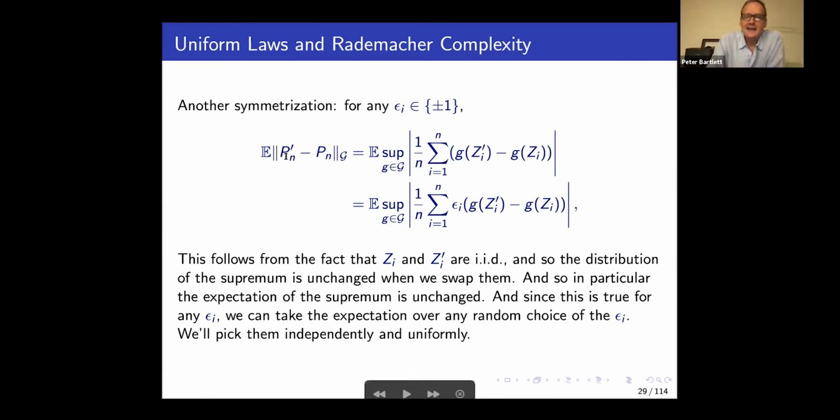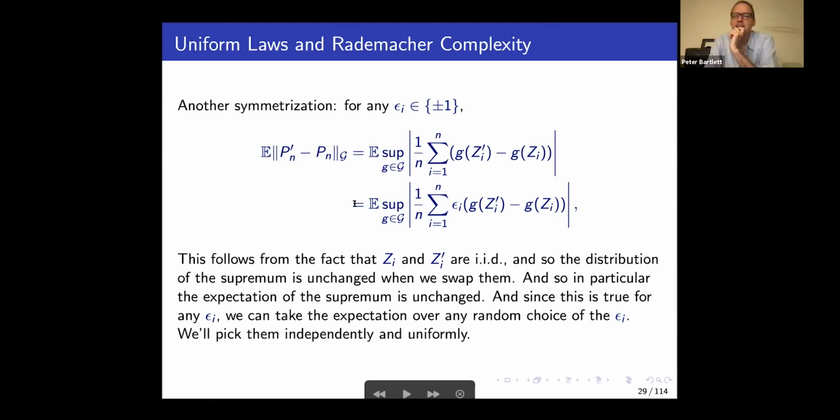We had this quantity as our upper bound on the previous slide. And now we're saying, look, if you were to introduce a plus or minus 1 random variable epsilon i for each i, for i going from 1 to n, I've written out this term. It's just the expectation of the supremum of the sample average under the prime sample versus the sample average under the original sample.